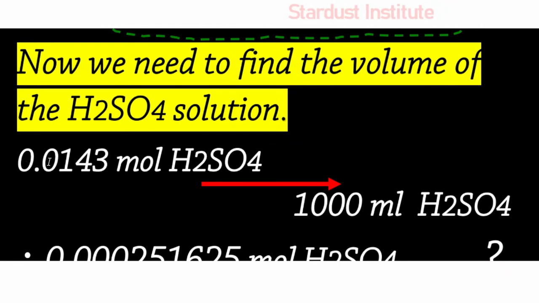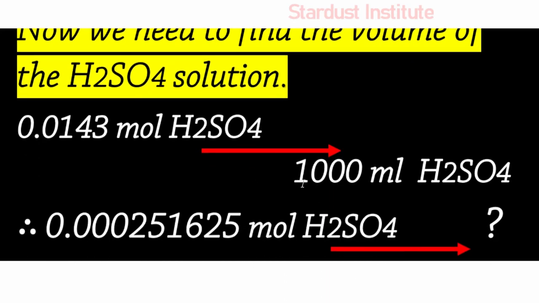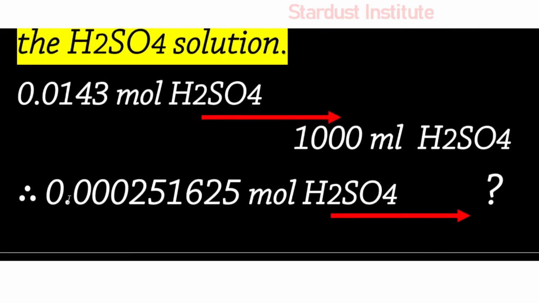Now there are 0.00025165 moles of sulfuric acid. They are in how many milliliters of this sulfuric acid solution? We can find the answer in this way: 1000 milliliters sulfuric acid divided by 0.0143 mole sulfuric acid multiplied by 0.00025165 moles of sulfuric acid.